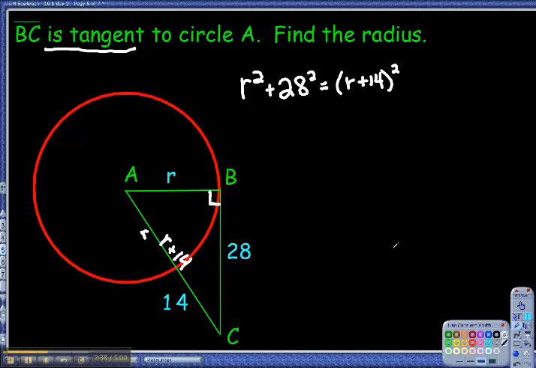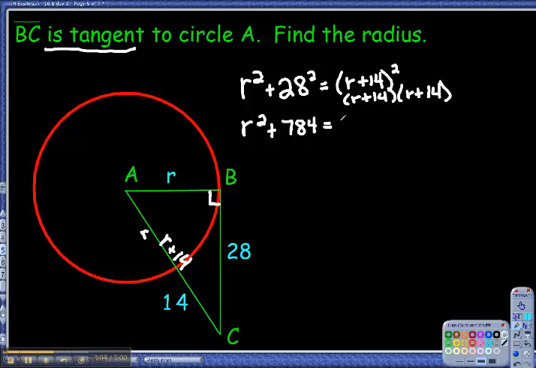If we think back to our algebra days, we're going to end up having to FOIL this because we've got a whole binomial that's being squared. So this is really saying that I've got an R squared plus, and we know that 28 squared gives us 784. And it's going to equal, when I FOIL this, R plus 14 times another R plus 14.